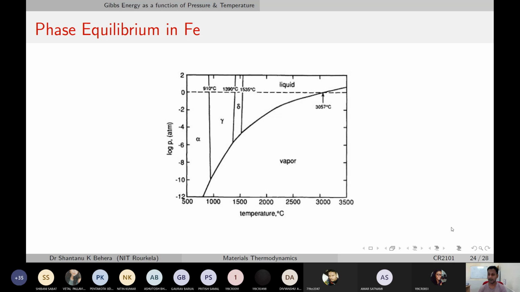Typically, unless the material is like water, the transition from solid phase to liquid phase always has a higher molar volume for the liquid. And of course there's no doubt on the endothermic nature of the reaction from the solid phase to the liquid phase. You have to supply heat to that.